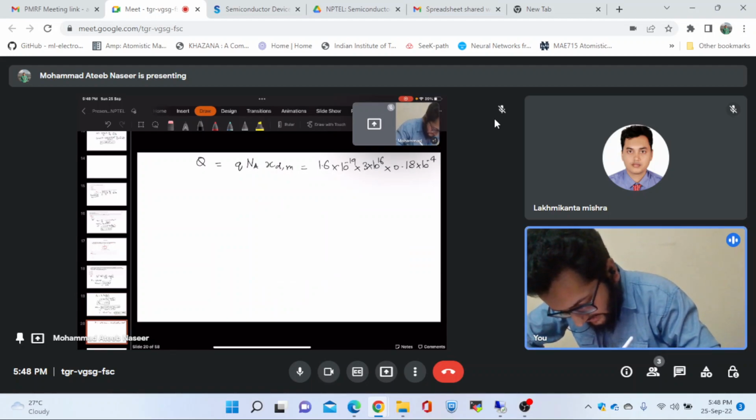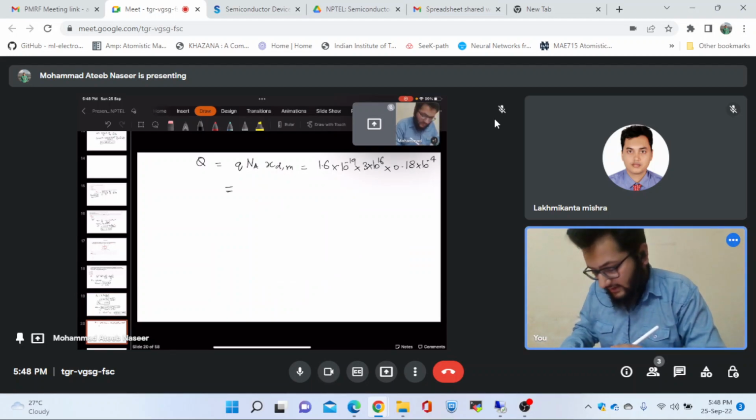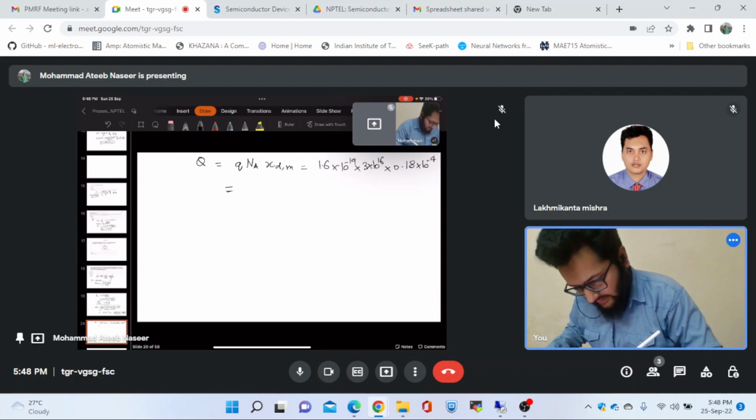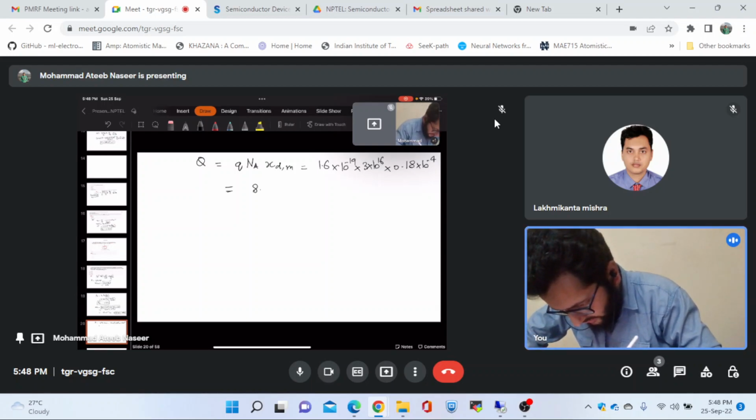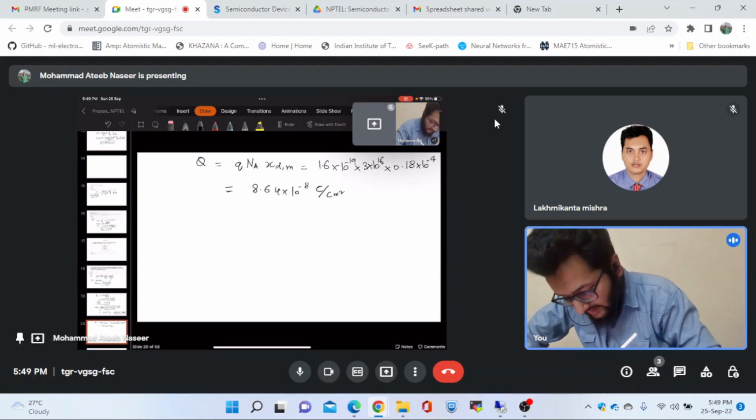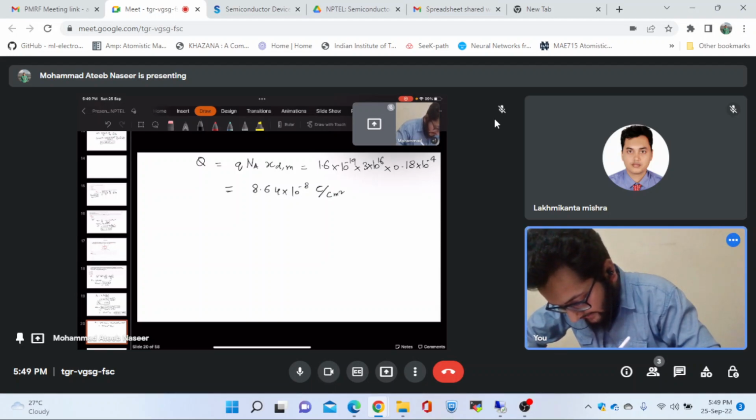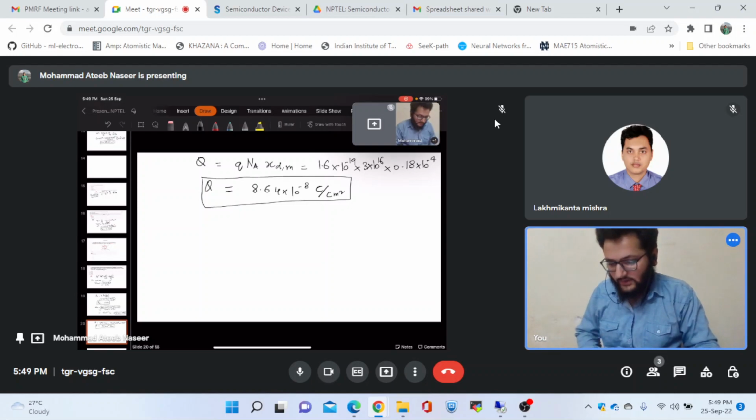If I now multiply these quantities, 1.6 into 3 into 1.8, it should give me 8.64 into 10 raised to the power minus 8 coulomb per centimeter square, since I'm dealing in per area. So this is the Q that I have obtained from the calculations.